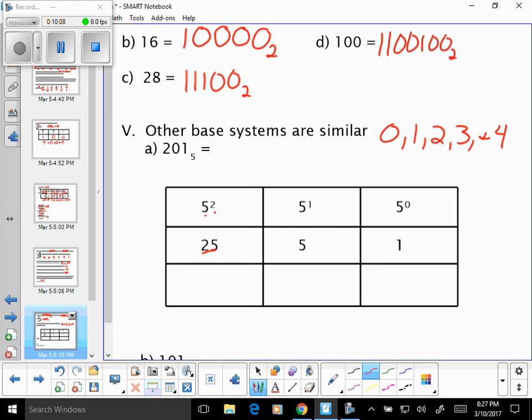If I'm going to take this number in base 5 and put it into decimal value, I have 2, I have 1, I have 0. 2 times 25 gives me 50. 1 times 1 gives me 1. My value for 201 in base 5 is going to be 51.